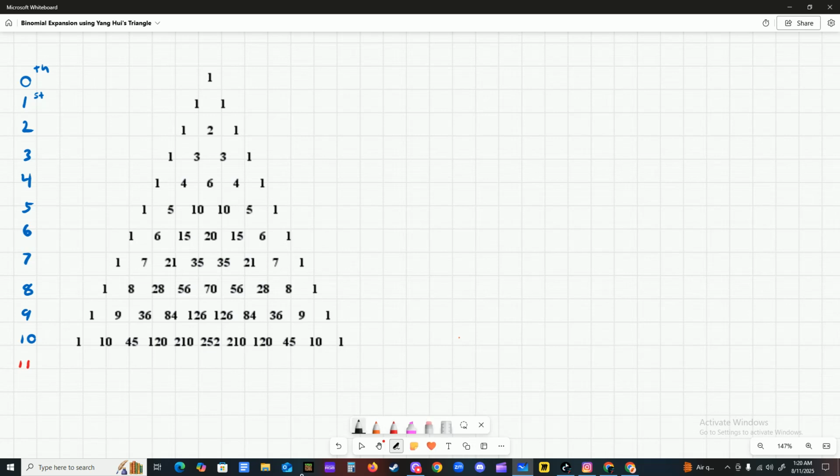So we're going to do x plus y to the fourth power. So that's going to be x plus y, quantity, times the quantity x plus y, times the quantity x plus y, times the quantity x plus y.